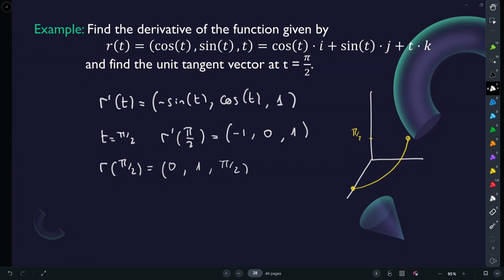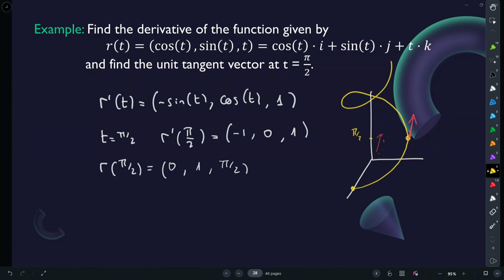Okay, so that's where we are at pi over 2, and then the direction given by the derivative is the tangent direction, which is minus 1, 0, 1. So it's this direction. It's telling me that the tangent does look like that. The curve keeps going like that, but at that point exactly, that is the tangent direction.